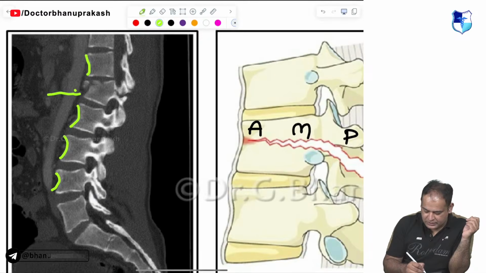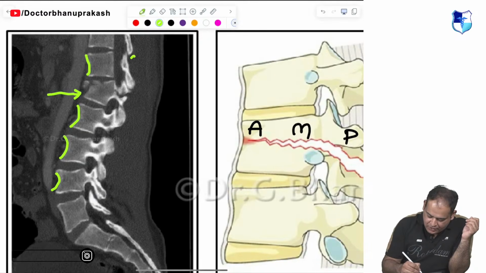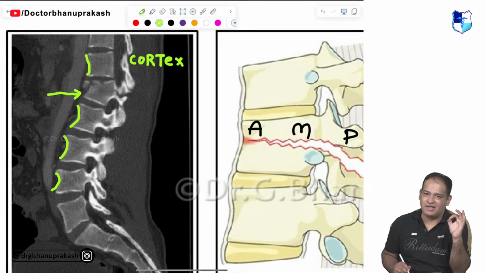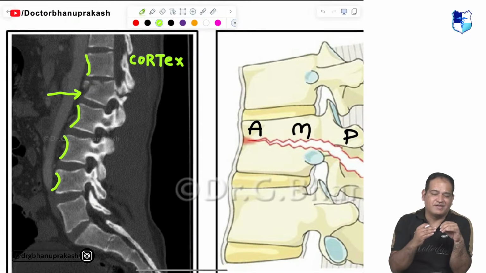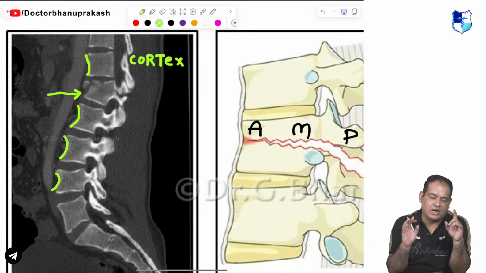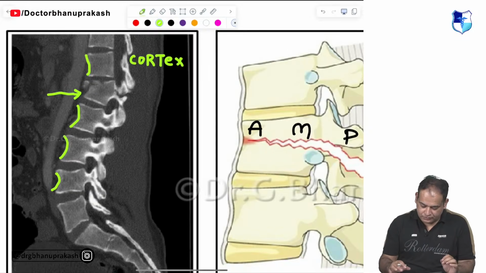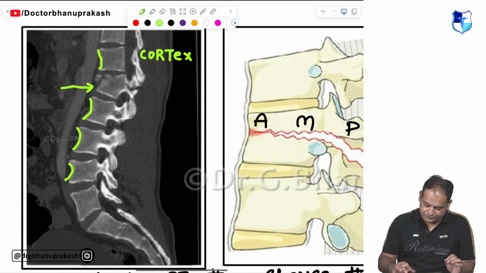Here, you notice. So whenever you are looking at any fracture and you are not able to find, always look for the cortex of the bone. Bone का बाहरली हिस्सा पकड़ लो और उसको ट्रेस करते जाओ, फ्रैक्चर मिल जाएगा, गारंटी 100% मिल जाएगा, right? So look at the cortex of the bone.